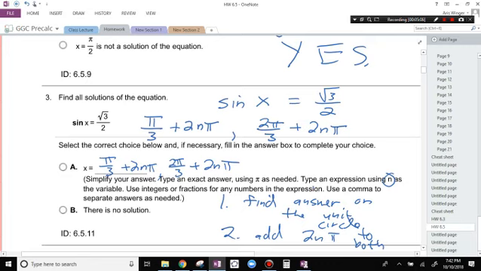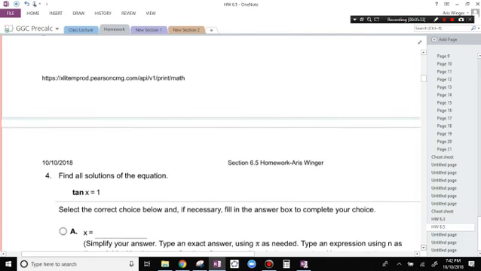That's what happens when you have to find every single solution. Find the two that work on the first rotation of the circle and just keep rolling around the circle forever. That's all we're saying. It's a mathematical way of saying that.